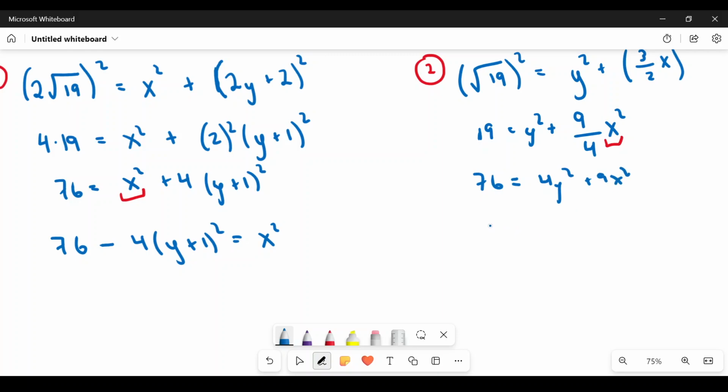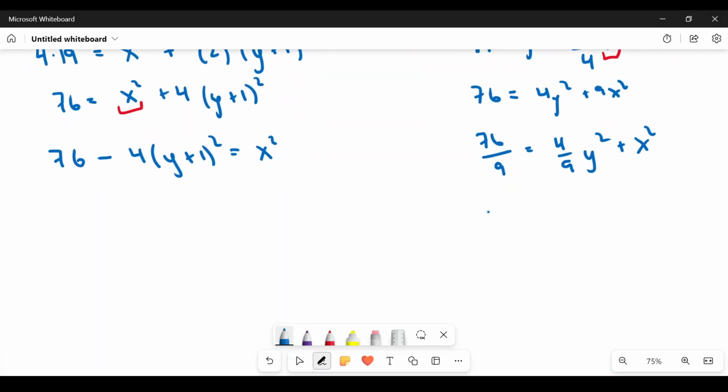And then I'm going to divide everything by 9. And then if I subtract, I have 76 over 9 minus 4 over 9 y squared equals x squared.